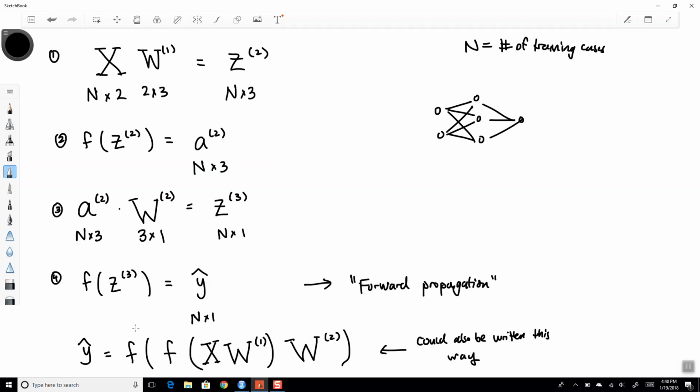And so what we want to do is measure how good is the fit between y hat and the actual values y. Okay? And so we're going to create a loss function here.